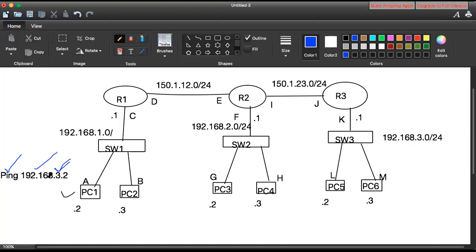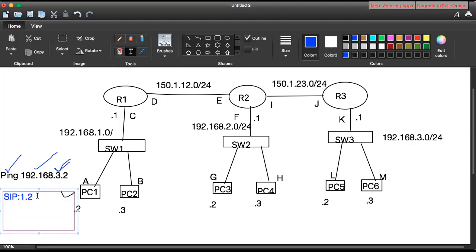From the layer 3 perspective, this is going to say that for me the source IP is going to be 1.2. Let me just put it like this.